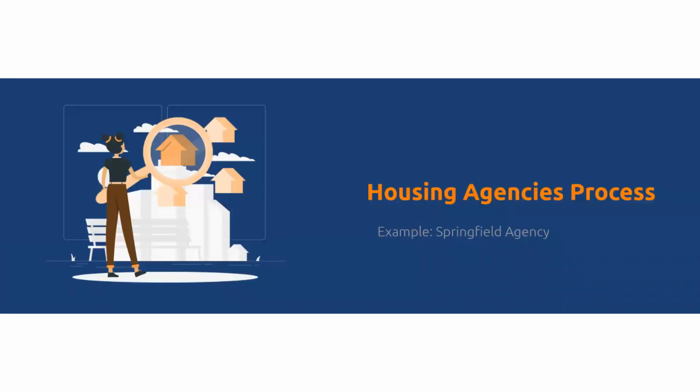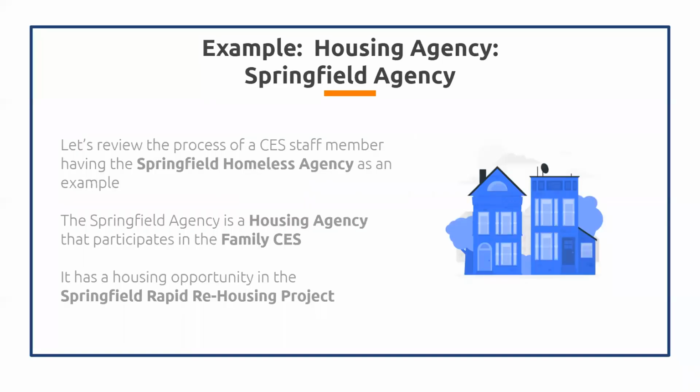Okay, so now let's review the process of the housing agencies in HMIS. As I mentioned before, the housing agencies offer housing opportunities and receive referrals to house clients that are eligible in their projects. Let's overview the housing agency role with the same example of the Bundy household, okay? But now, let's suppose I am a user at the Springfield agency, which is an agency that only works with families.